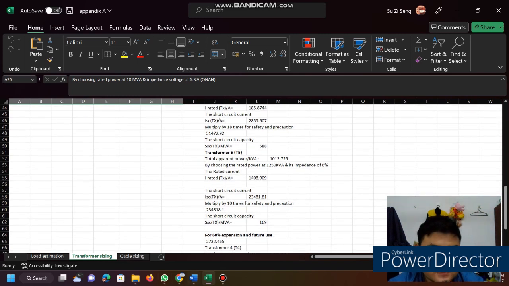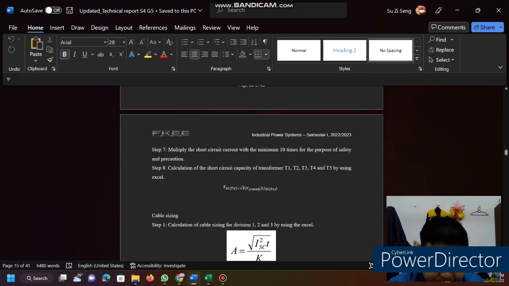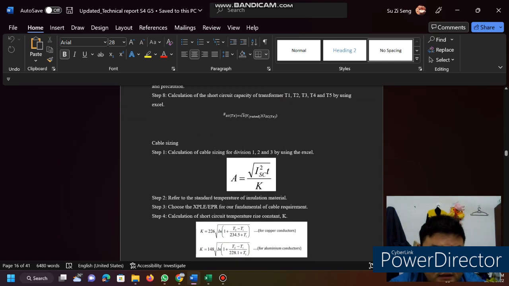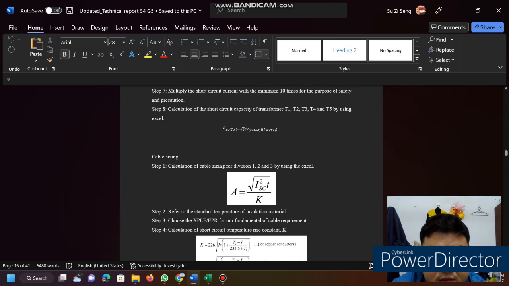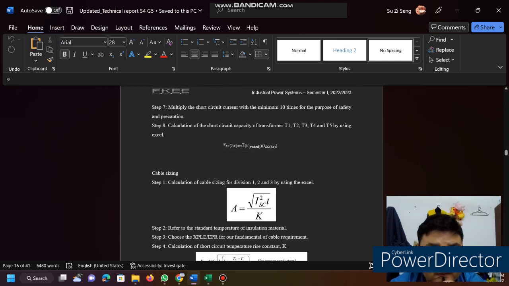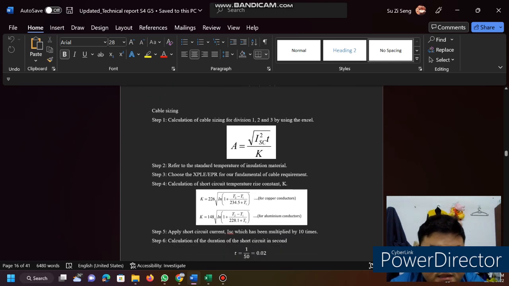Next is cable sizing. Cable sizing step 1: we calculate the cable sizing for division 1, 2, and 3 by using Excel. We use this formula, and the short circuit currents we get from the previous step. Step 2 is referring to the standard dimension of insulation material.